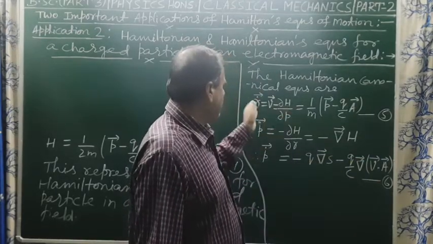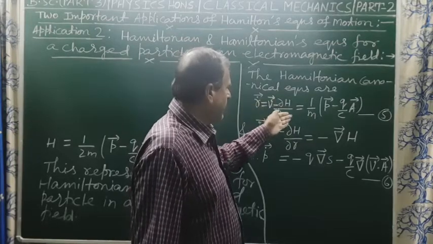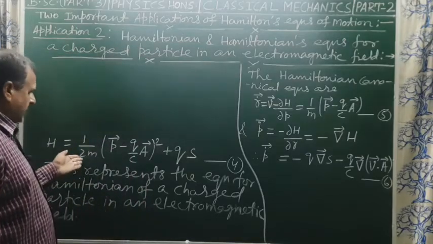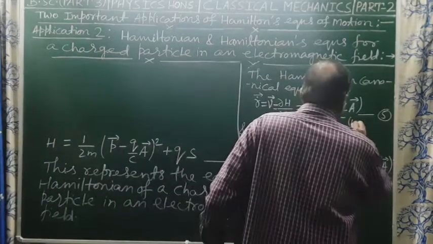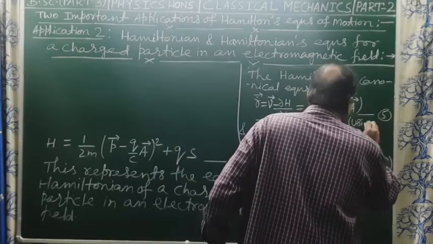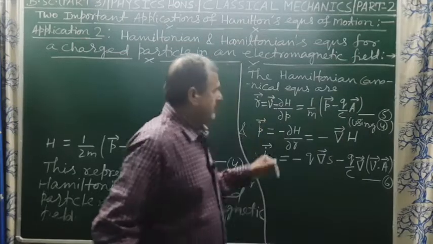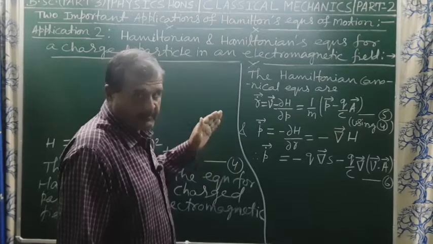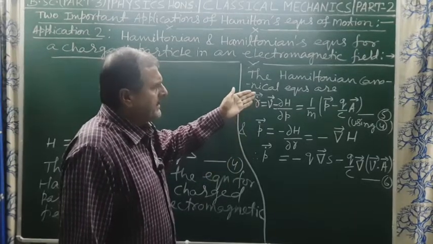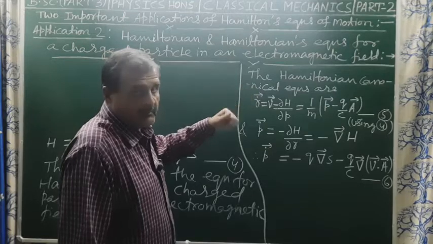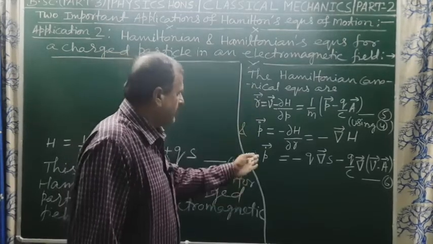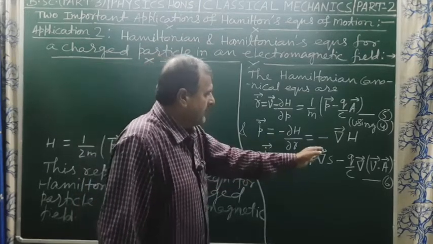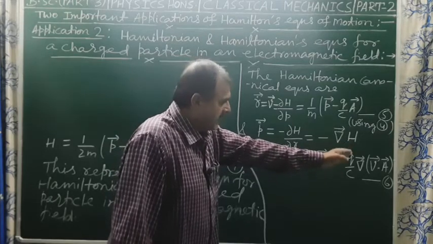So in equation 5, r dot is equal to v is equal to ∂H/∂p, which is equal to 1/m (p vector minus q/c A vector), using equation 4. This is one of Hamilton's canonical equations of motion for a charged particle in an electromagnetic field, and the second equation is p dot vector equal to minus q grad φ minus q/c grad (v vector dot A vector).